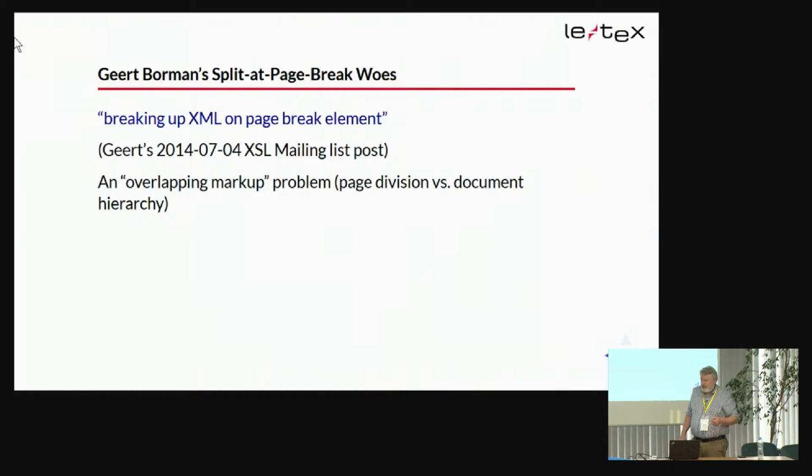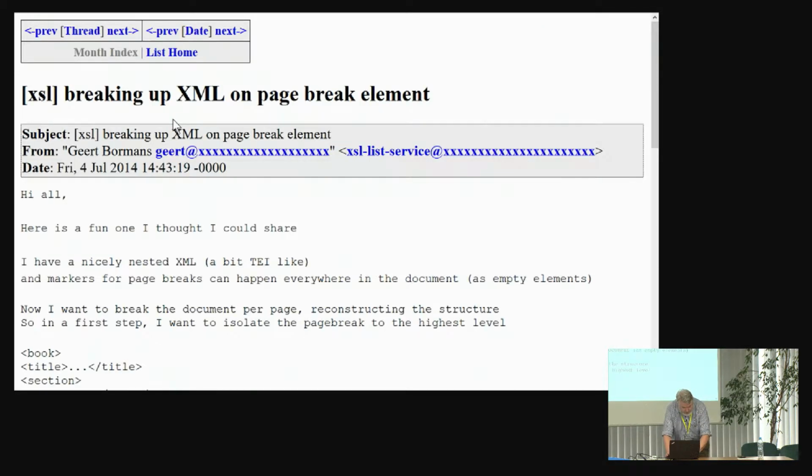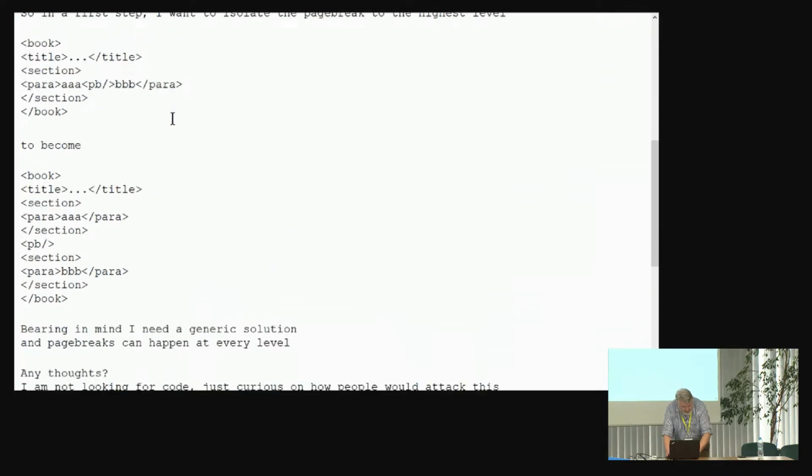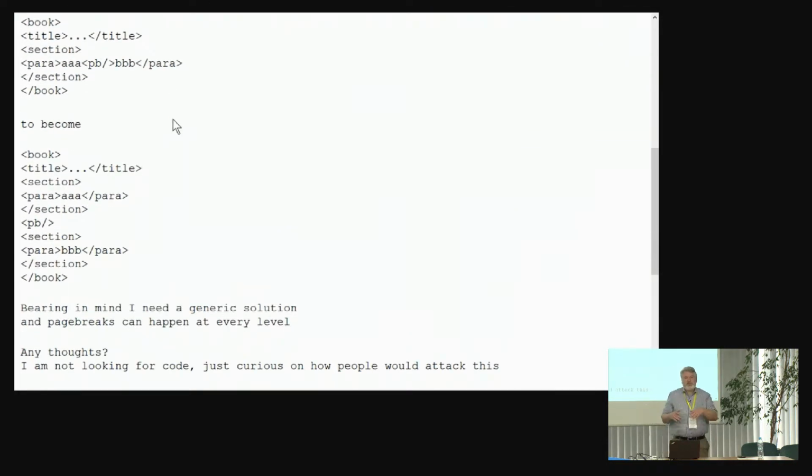It has a single grouping, and this was raised by Gert Bormans on XSL list. In the course of this thread on XSL list, there was a discussion about streamability and so on.